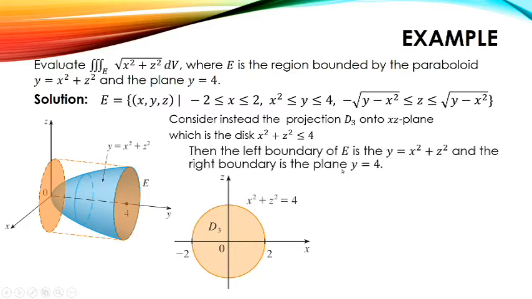So, the left boundary of E is y is equal to x squared plus z squared, which is the paraboloid. And the right boundary is the plane y is equal to 4.